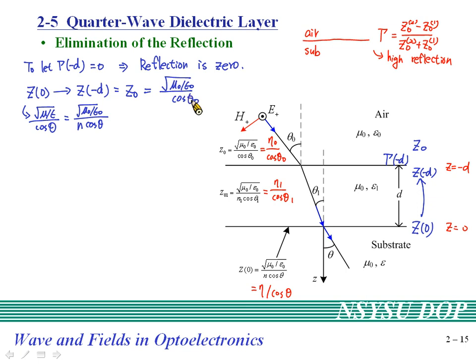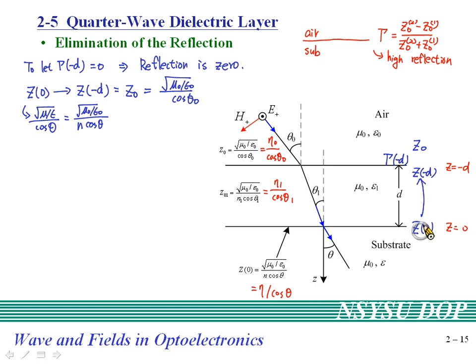Clearly you can see that Z sub 0 is a real number, so for these two to be equal to each other, Z of minus d should also be a real number.